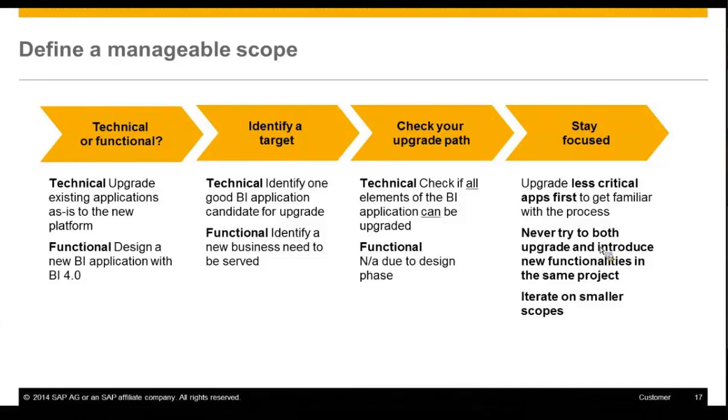And then stay focused. I can't stress enough the importance of staying focused irrespective of the challenges and issues that you may have. You have to stay fully focused and stick to the timeline to complete the project on time and with quality.